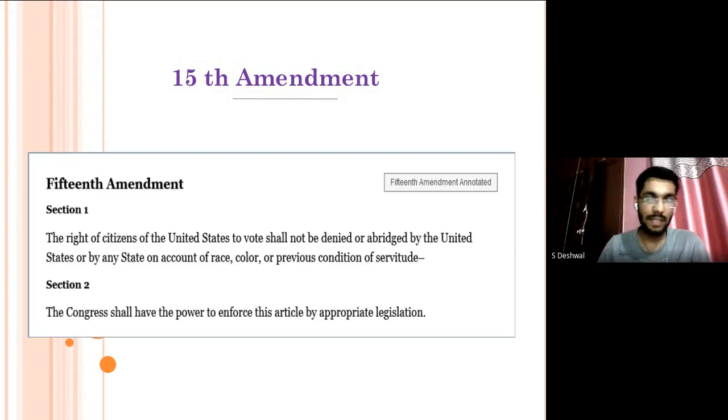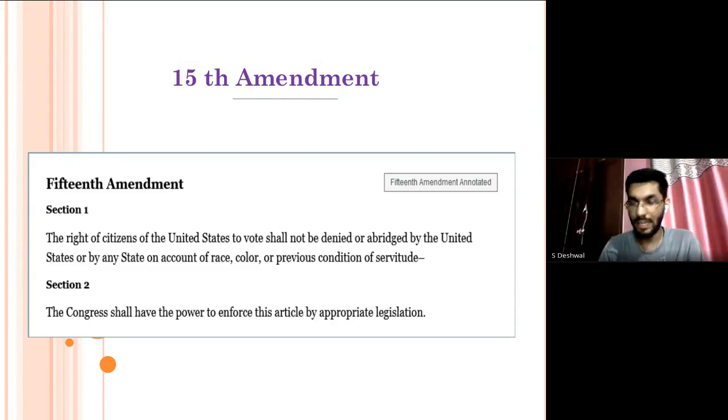So please take a kind note of it, that this 15th Amendment prohibits discrimination on the basis of race, color, or previous condition of servitude in relation to right to vote. So 15th Amendment is of extreme paramount importance to us. So please note it down.